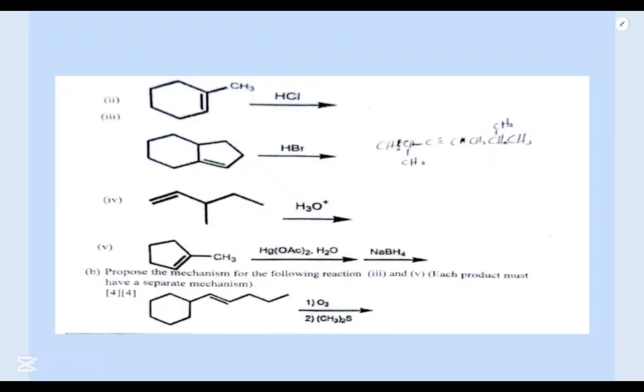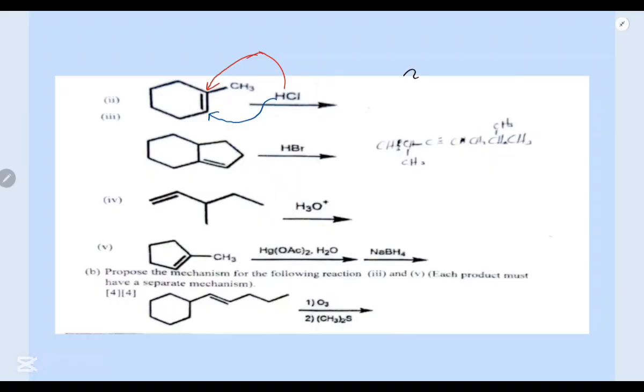The process is what we call hydrohalogenation. But it will follow Markovnikov's law, where this hydrogen will be added to an area where there are more hydrogens, and the chlorine will be added to a position where there are fewer hydrogens.